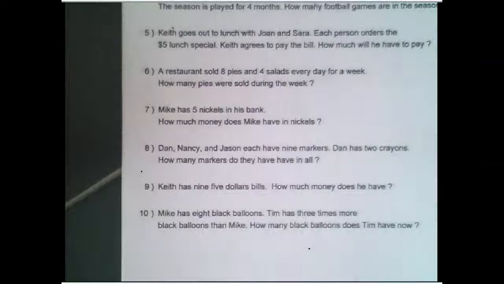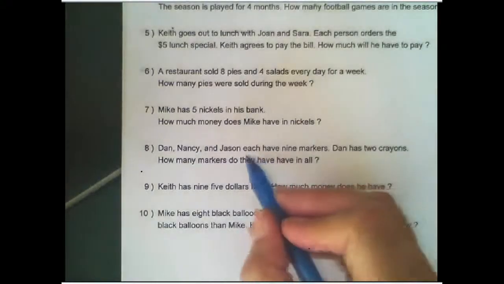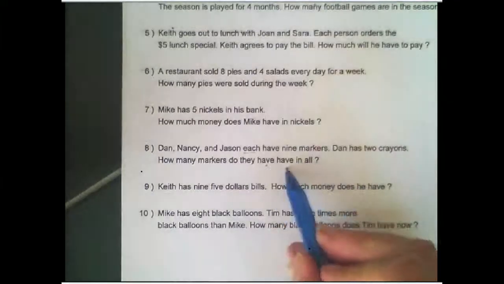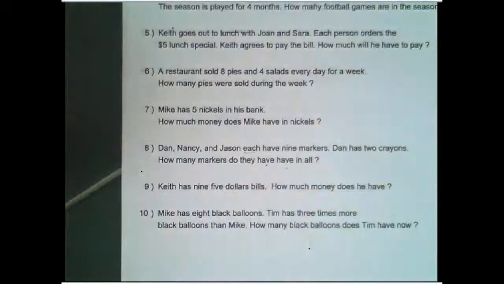For number 8, we have Dan, Nancy, and Jason. They each, here's a big word, they each have 9 markers. Dan has 2 crayons. How many markers do they have in all? Notice that they made a mistake here when they wrote it and they put the word have twice. I don't know if you caught that. Did they ask anything about the crayons that Dan had?